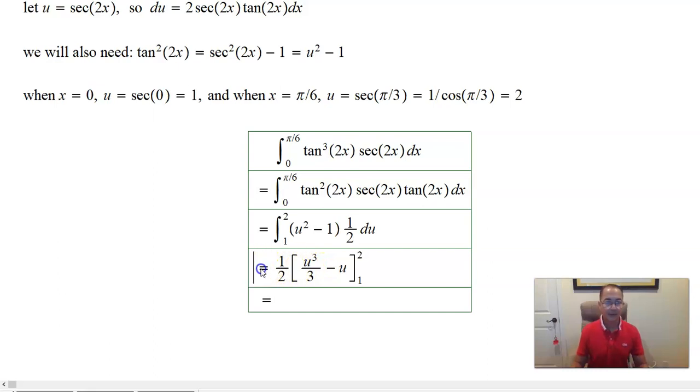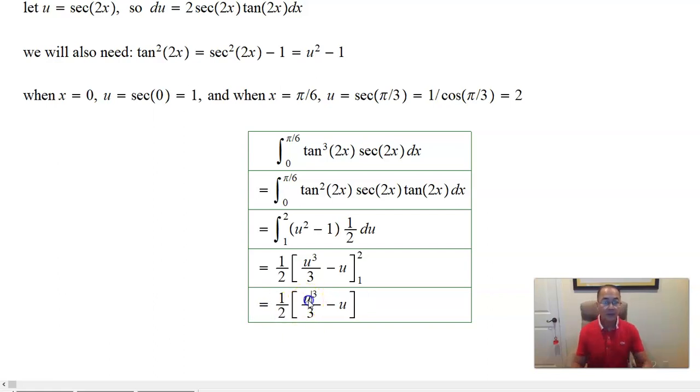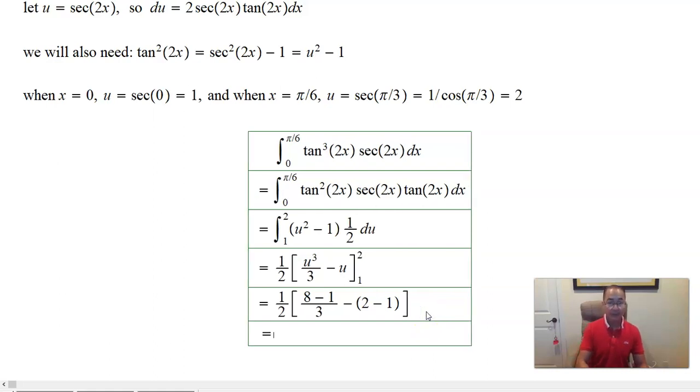All right, so we get u cubed, so 2 cubed is 8, and then minus 1. U is 2 minus 1. You get 2 minus 1. So that is just 1. So I think we got our final answer.